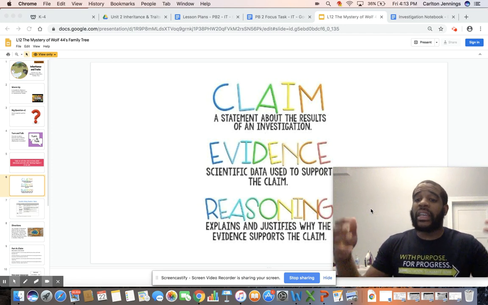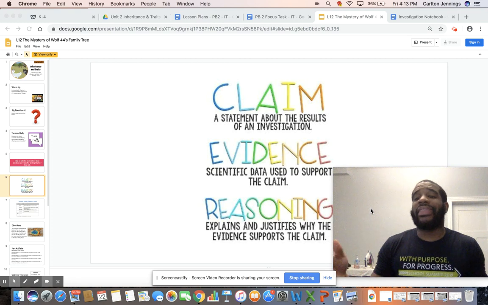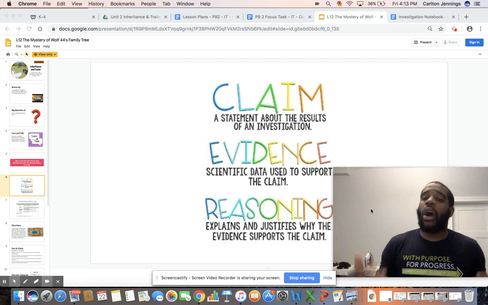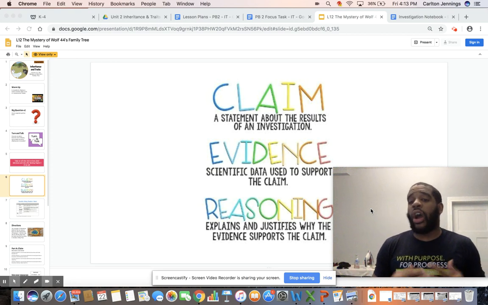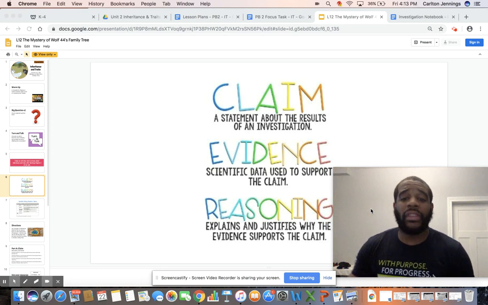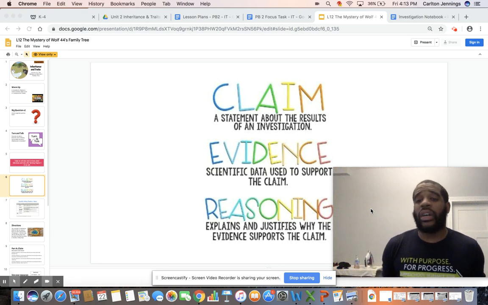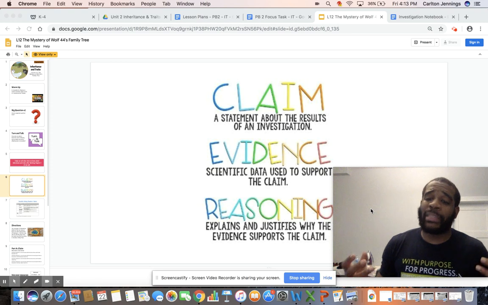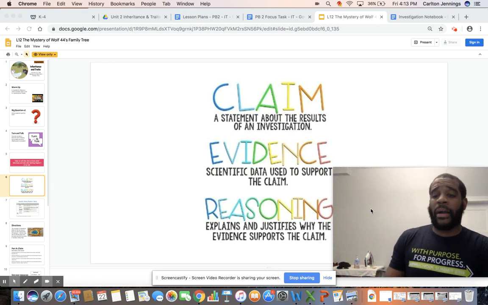Evidence: we learned that the traits need to be passed down from the parents. So if the parents don't have a spiky tail, then the offspring, or the children, cannot have a spiky tail. My reasoning says that the spiky tailed monster is not the offspring of these two parents, because if it was, one of the parents would have a spiky tail. That wasn't the case.